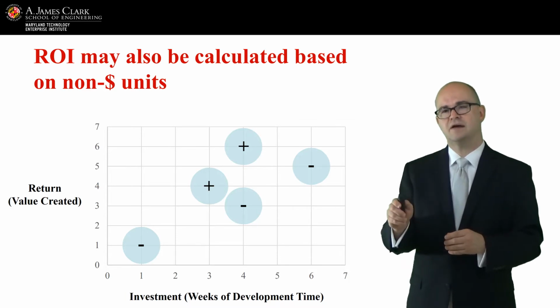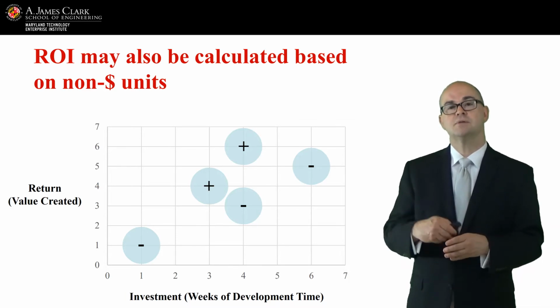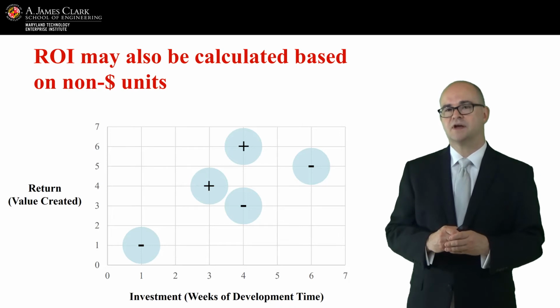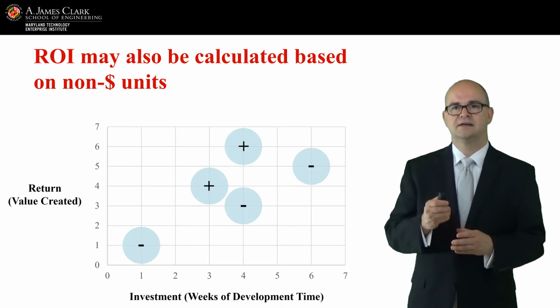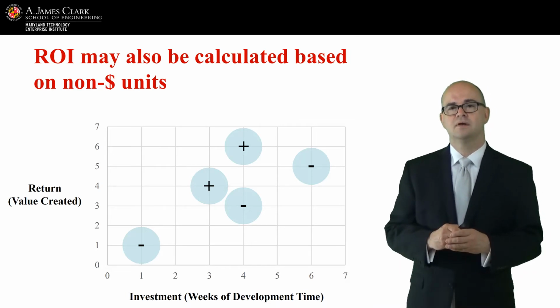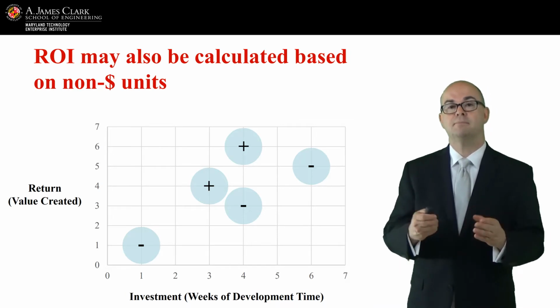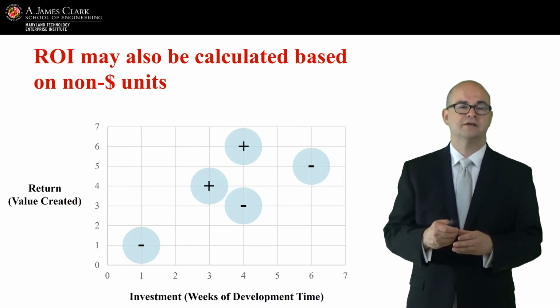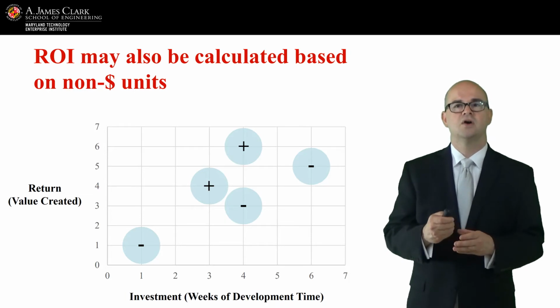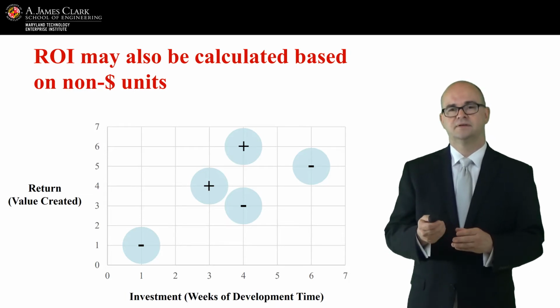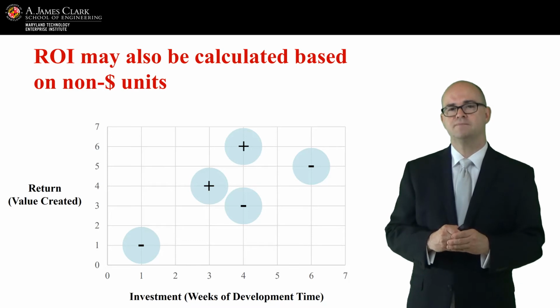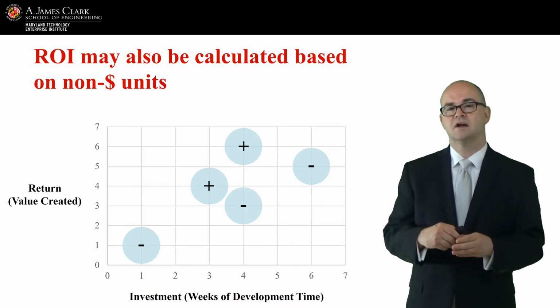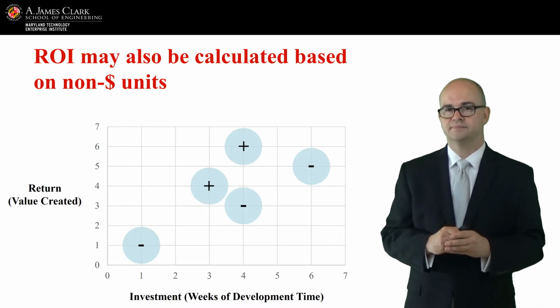Among the 5 elements that you see here, that was the most valued feature the customer told us about. 6 divided by 4, positive number, above 1, build it. For the last element, the return based on the customer's opinion of the value was 5. It took us 6 weeks to build it. 5 divided by 6, less than 1, not worth doing.